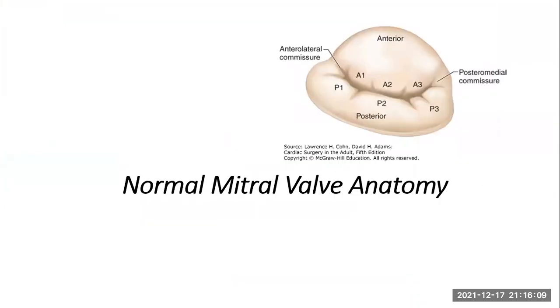First of all, we're going to discuss the normal mitral valve anatomy. As we all know, we have the anterior mitral leaflet and the posterior mitral leaflet. We have the commissures, the anterolateral commissure and the posteromedial commissure.